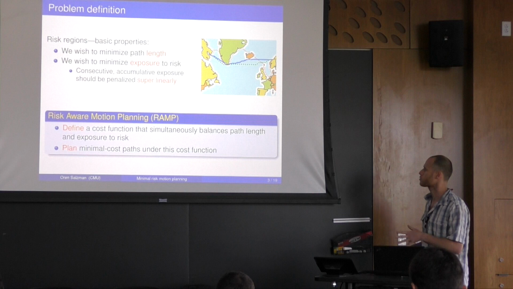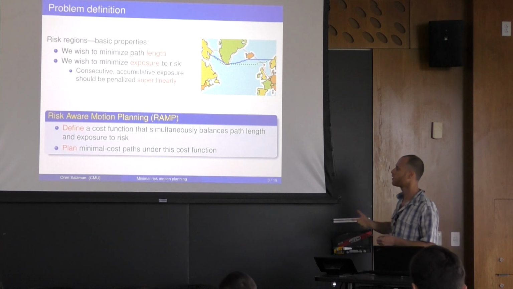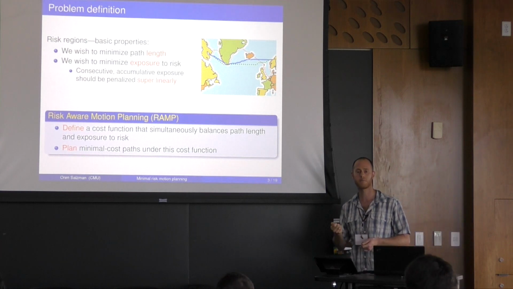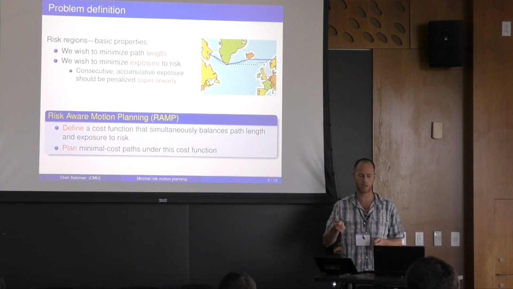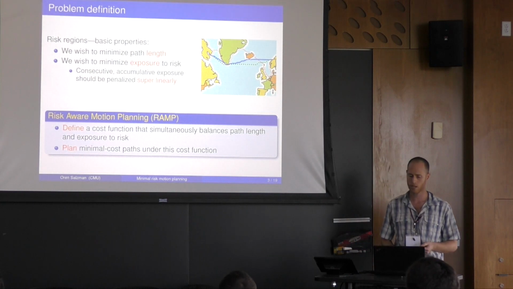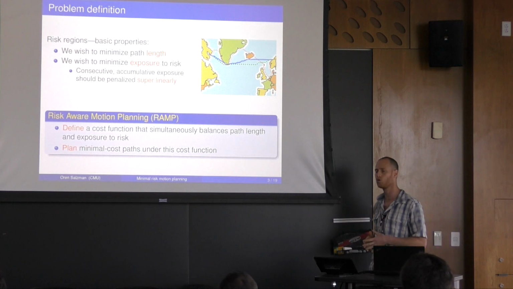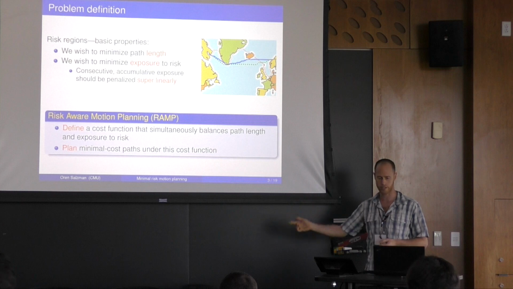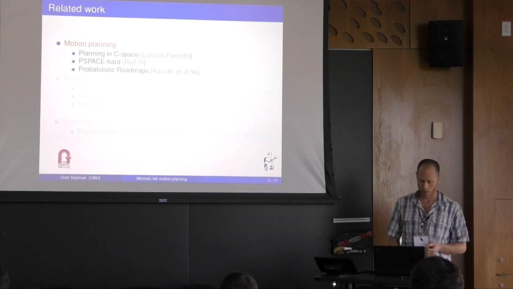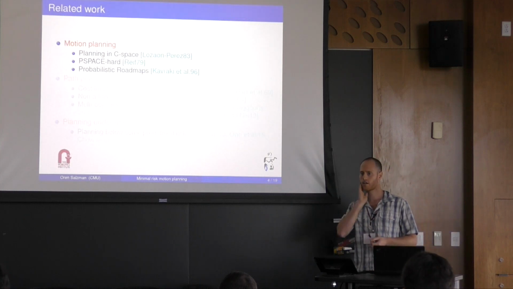So the contributions of this work are twofold. First, we're going to define a cost function that simultaneously balances path length and exposure to risk, where we penalize exposure superlinearly. And then I'm going to present two algorithms that plan minimal cost paths under this cost function. There's a lot of related work that is relevant.